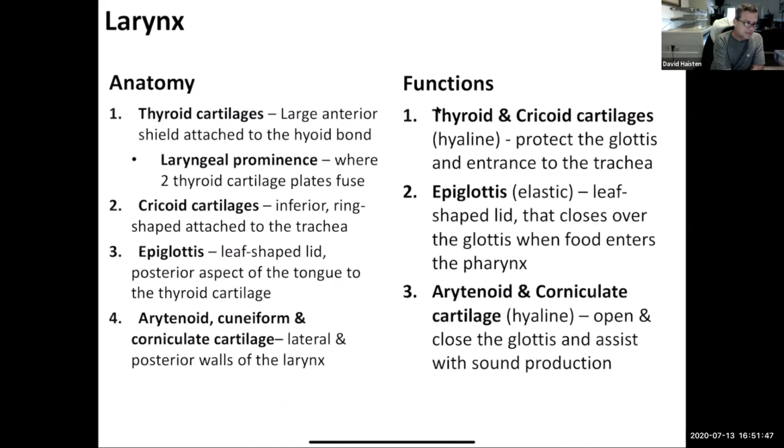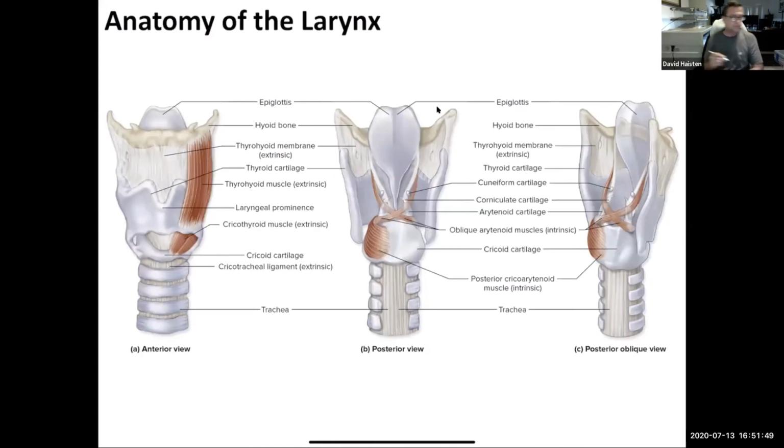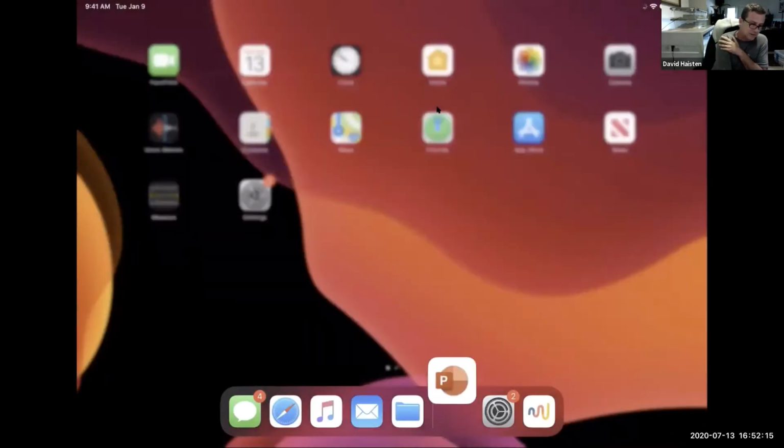All right, so let's check out this larynx. So what the larynx is, it's a hyaline cartilage structure at the top of your trachea. The larynx contains an opening known as the glottis.